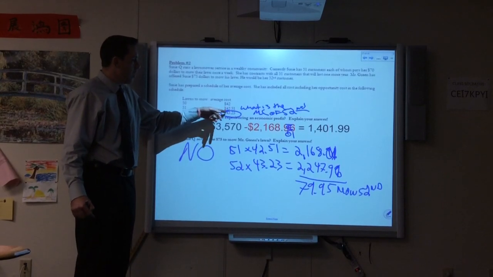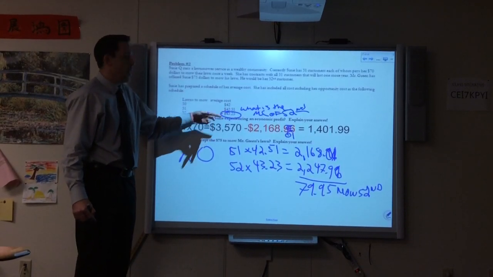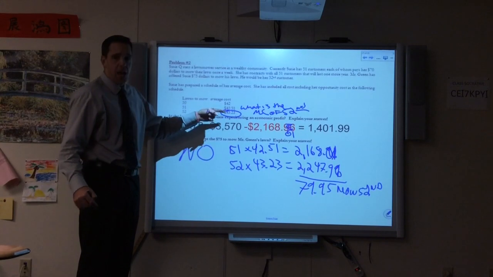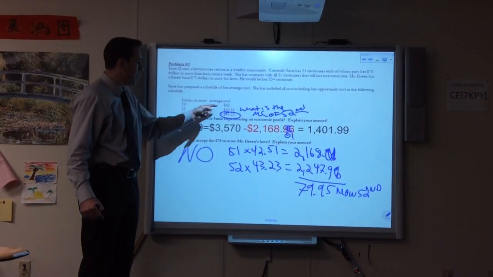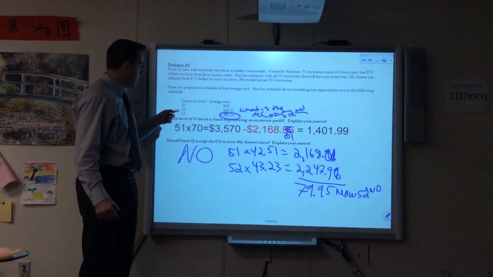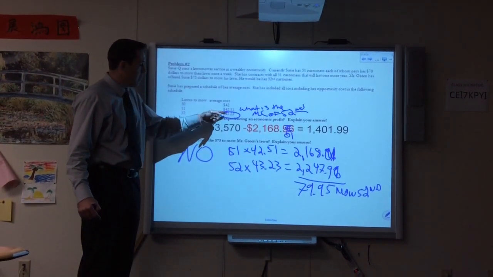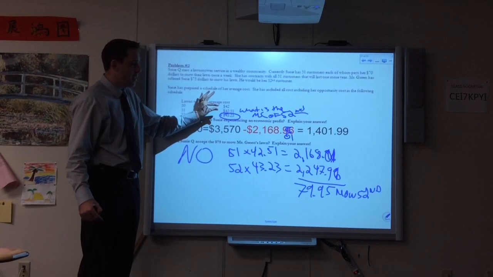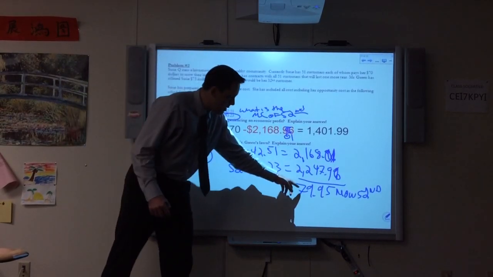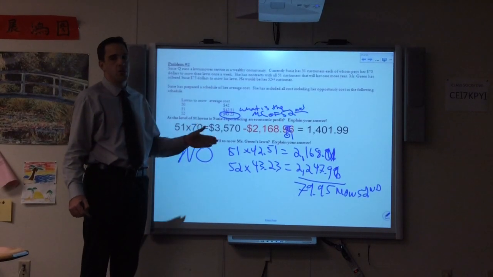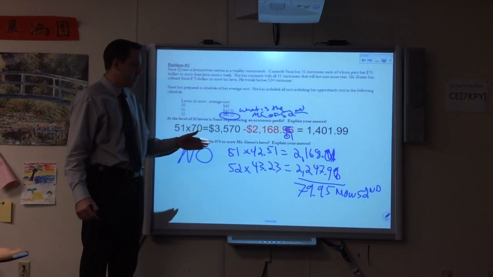The average total cost is increasing here, so that must mean the marginal cost is higher than the average total cost. You need to multiply 51 times 42.51, and then 52 times 43.23, and find the difference to find the marginal cost. The marginal cost is $79.95. It costs Susie $79.95 to mow the lawn.